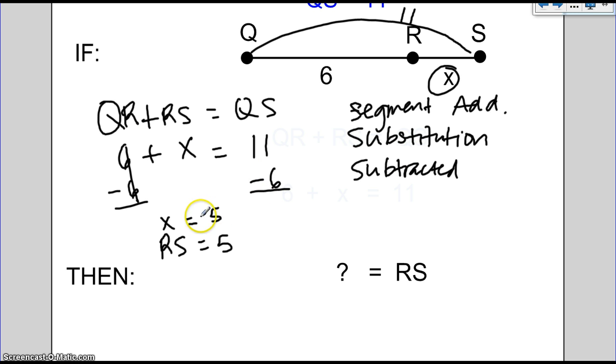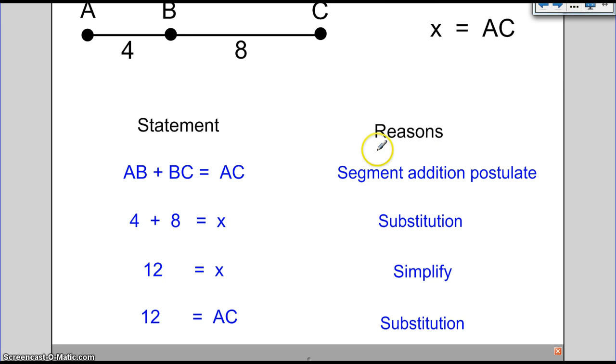That gave us x equals 5. Then we used substitution to tell me, the reader, that RS is equal to 5. Okay? Step by step. What did I do? Why did I do it? And every step is labeled just like we want.